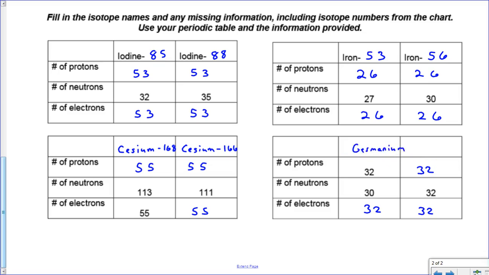I'm going to raise this up just a little bit so I have room. And then the kind of germanium that we have here, you add the masses together, so 30 plus 32 gives you 62. And then the next one is still germanium, but this one has a mass of 64.